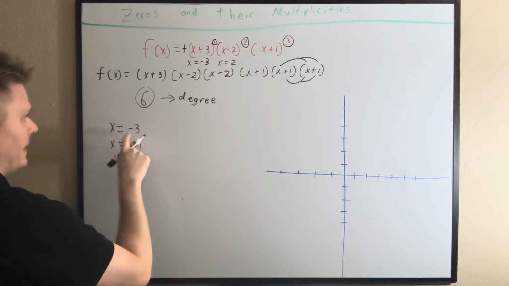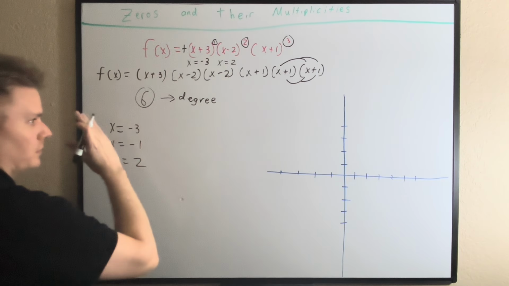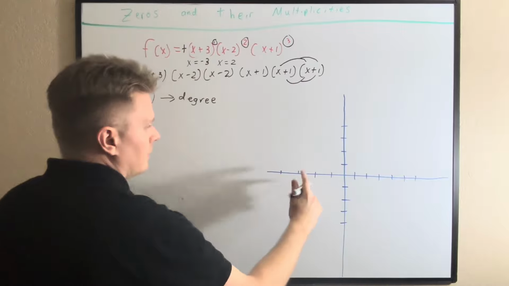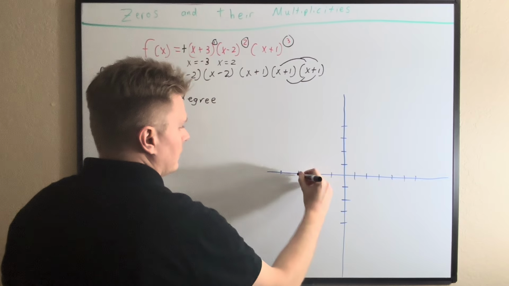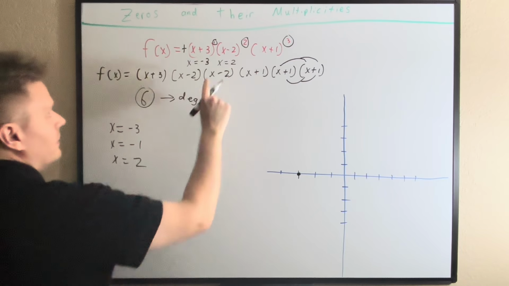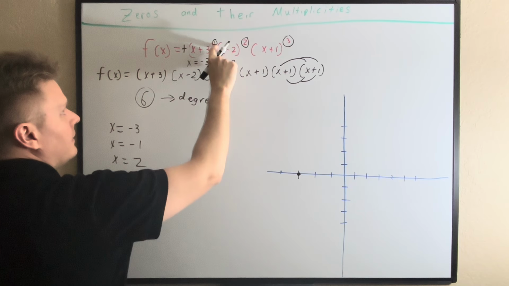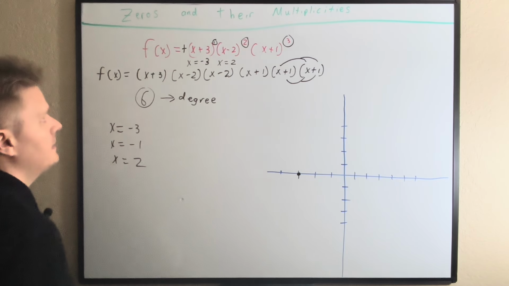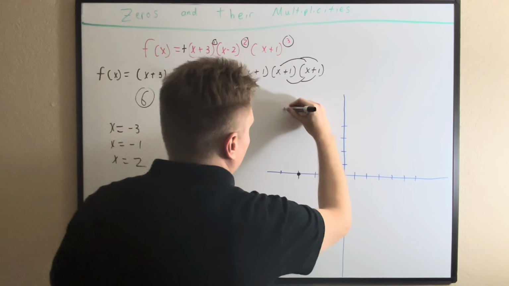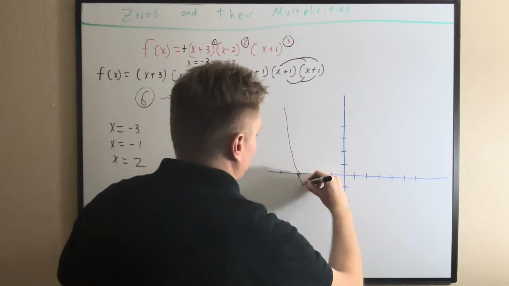So, the first time it crosses the x-axis when going from left to right is at -3. Okay. But how does it cross the x-axis? Well, they tell you how it does that with the multiplicity. Because it's a 1, it will just go straight through.